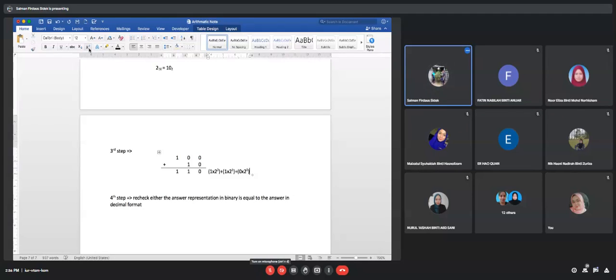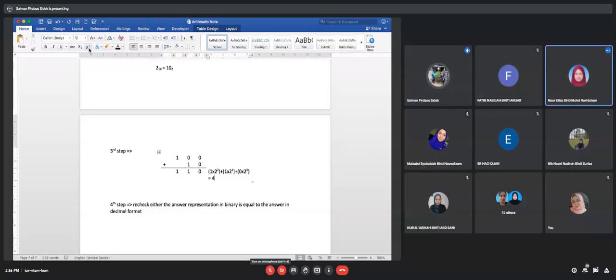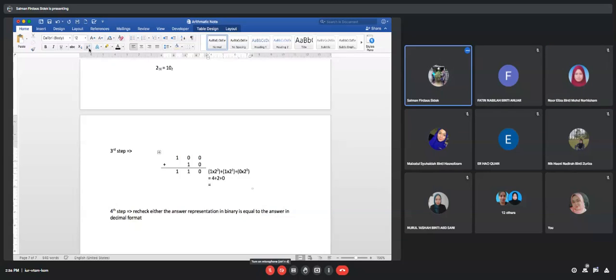We want to convert to decimal to check. It's equal to 4 plus 2 plus 0, so equal to 6. So 110 is 6. Is it correct? Yes. So it means your operation is correct.